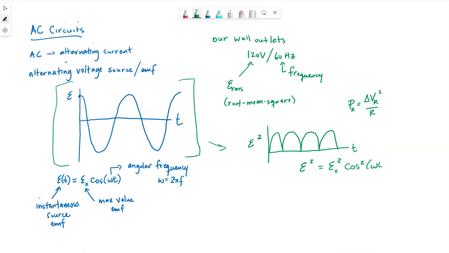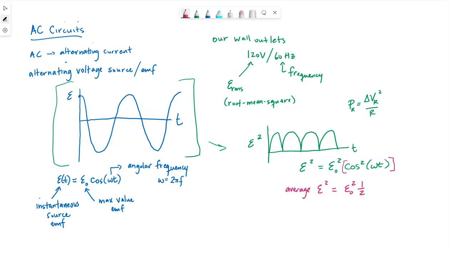And so squaring looks like this. So just taking our function, squaring both sides. Once we square both sides, if we want to find the average E squared value, EMF squared value, then we're looking at the average value of the cosine squared function.